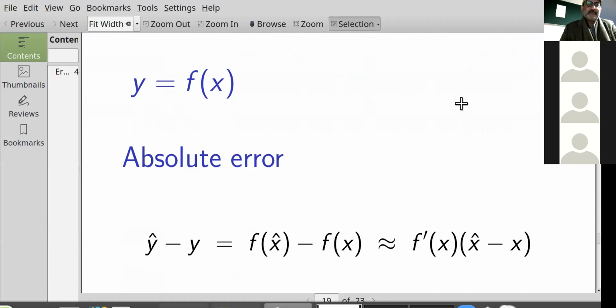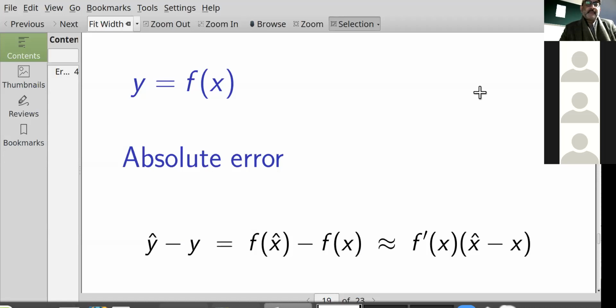So f of x hat minus f of x. And now, we are using this idea of linear approximation that you had from calculus 1. If f is differentiable at x, that's approximately equal to f prime of x times x hat minus x.